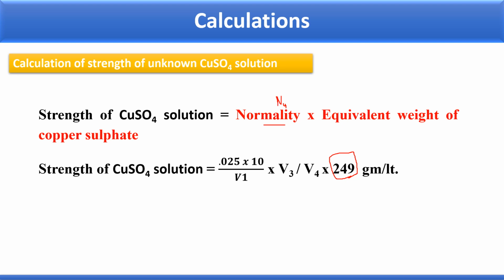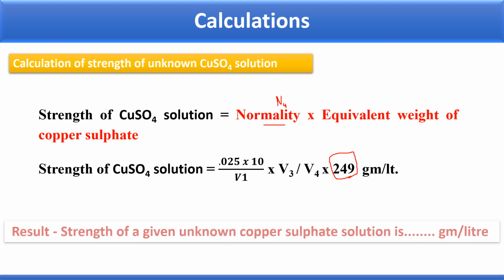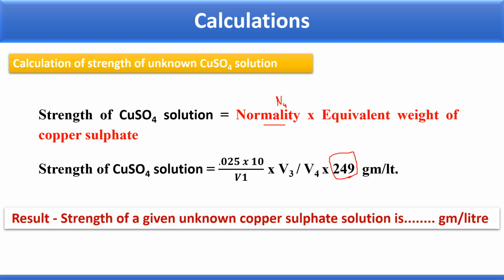So simply put the value of N4 here, multiplied by the equivalent weight of copper sulfate, that is 249. This is how we calculate the final result, and put it in the result statement: the strength of the given unknown copper sulfate solution is whatever your strength comes out to be, in grams per liter.